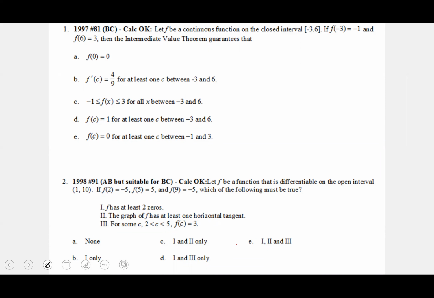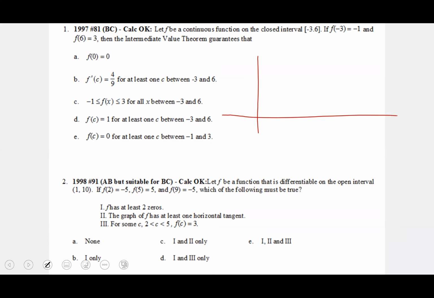Okay, here's a couple of multiple choice examples of what that would look like. From the BC exam, we are continuous from -3 to 6. F of -3 is -1, and f of 6 is 3. I'm going to draw out what that looks like.